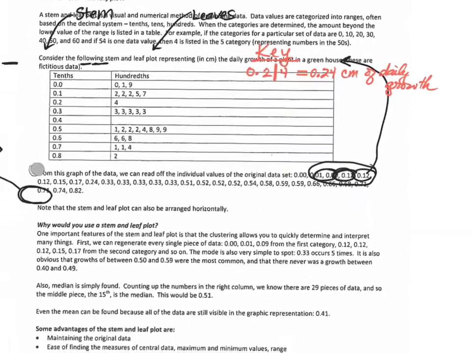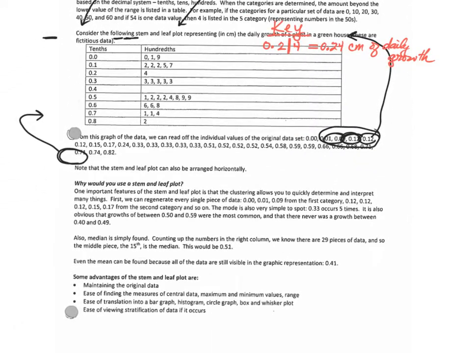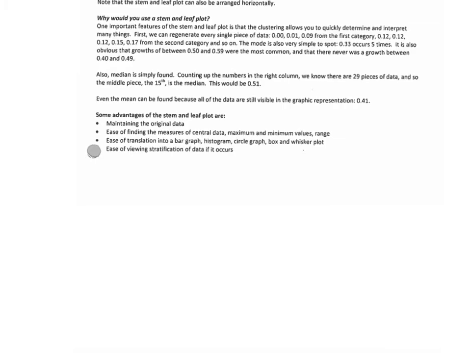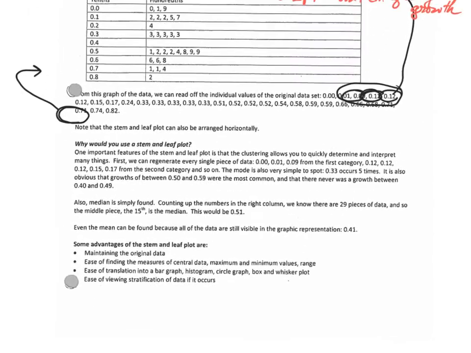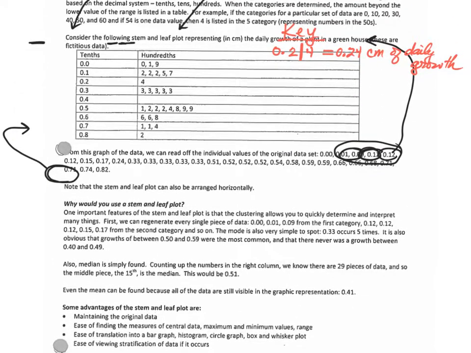Okay, moving on. So some of the advantages: one other thing to notice is, do you see how if there are repeats, they are all listed? Also notice that these numbers go from least to greatest. With the stems, or the leaves, they go from least to greatest, and repeats all get listed. Okay?